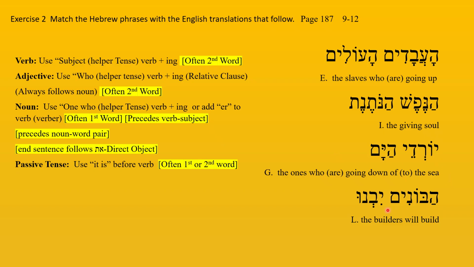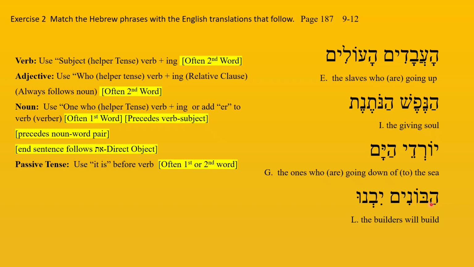Habonim yivnu, next sentence. So here's your verb, future tense. He will. They, yivnu, they will build. And that's your verb. So you know that this is not the verb, and it's in the first position, so it's probably the subject.